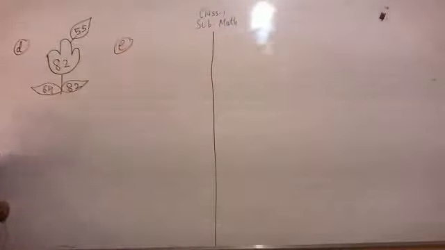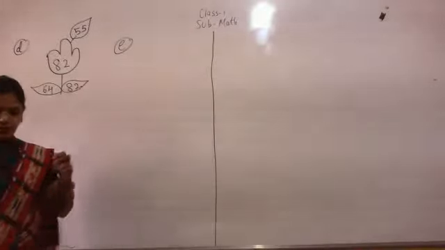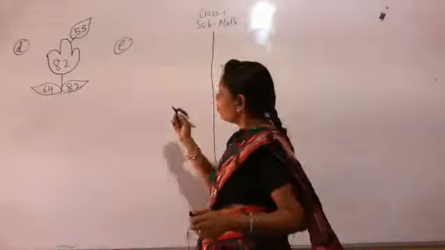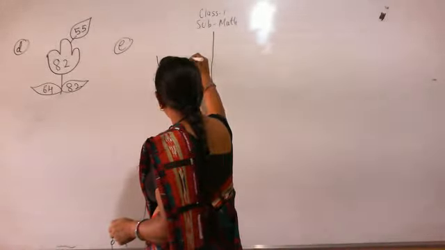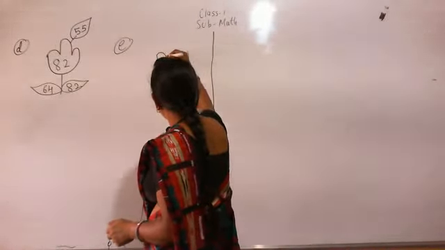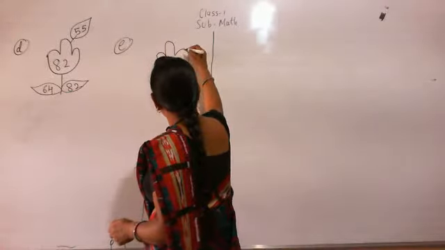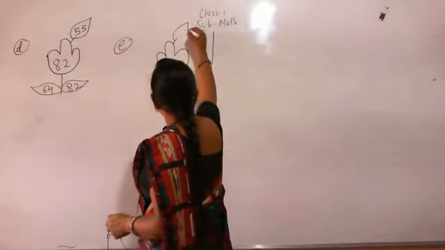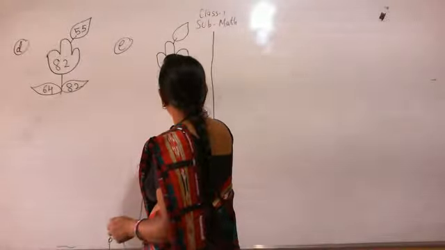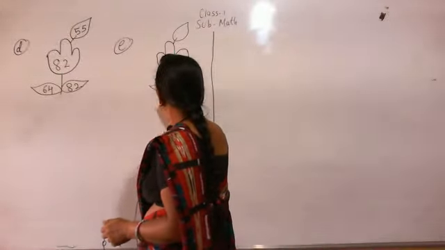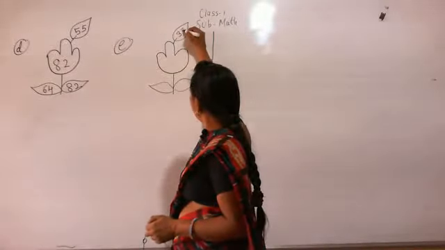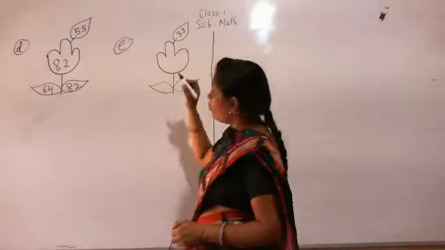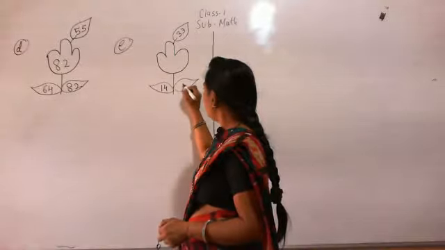Next question E. And see what are the numbers written. 33, 14 and 2.